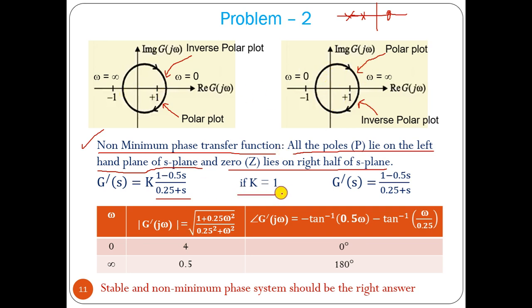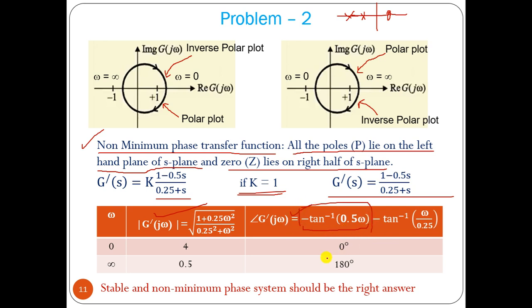So if k equal to 1, this is the transfer function, you can find out its magnitude and angle. So this is your 1 minus 0.5 j omega. This is in fourth coordinate, so minus tan inverse 0.5 omega. That part you have to take care.